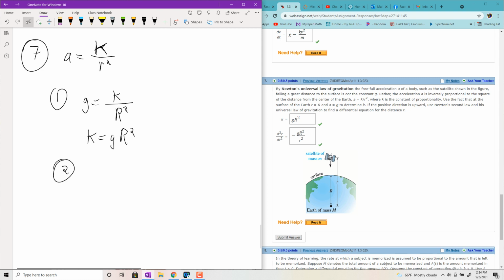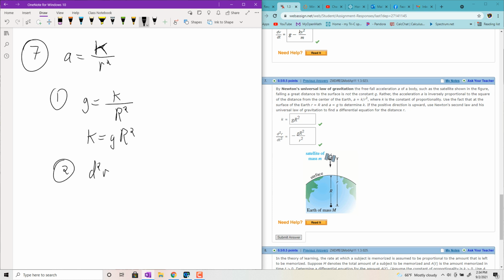The second question then: if the positive direction is upward, so we need a negative there, use Newton's second law and his law of universal gravitation to find the differential equation for the distance r, and they want the second derivative.